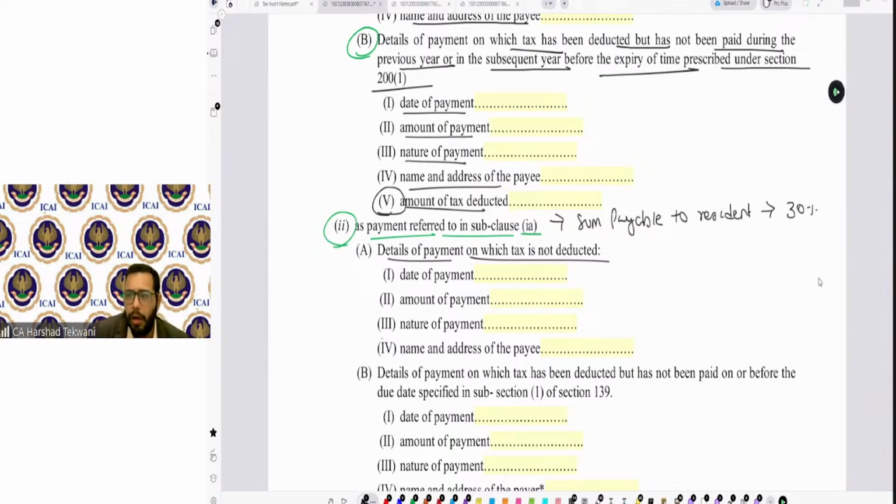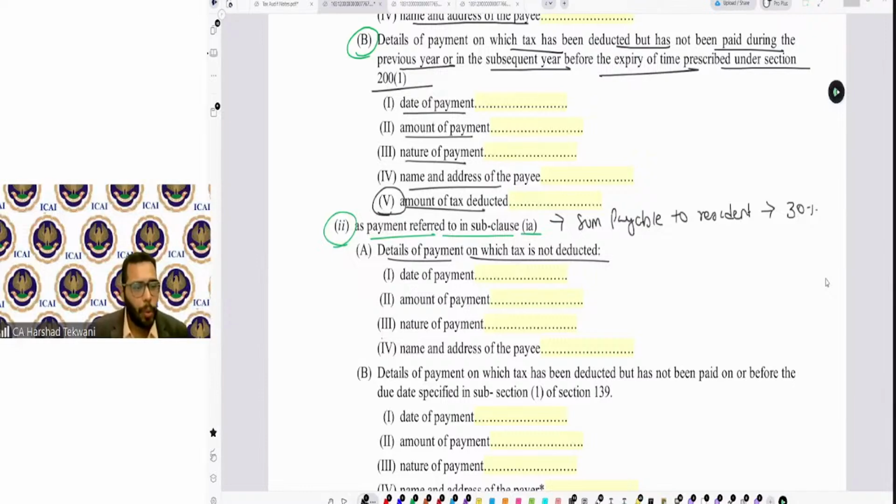Where tax is deductible under Chapter XVII-B and such tax has not been deducted, or after deduction has not been paid on or before the due date specified under Section 139(1). And when such tax is paid after deduction, then such 30% will be allowed as a deduction in computing the income.